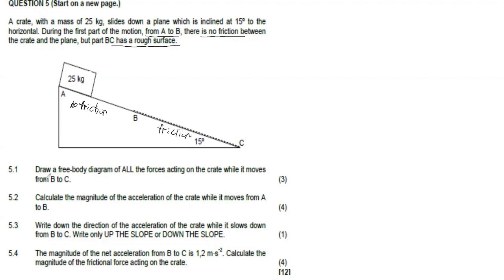Now 5.1, they say draw a free body diagram of all the forces acting on the crate while it moves from B to C. So at this part here where there is friction. To ensure that we draw everything properly, let's just start with the incline like that, and then let's include our forces.